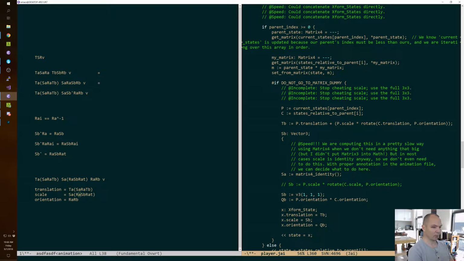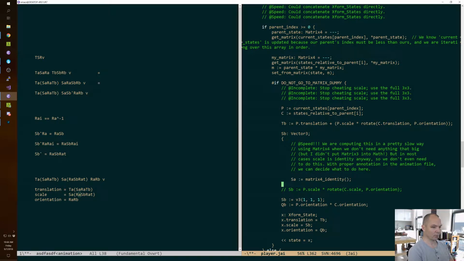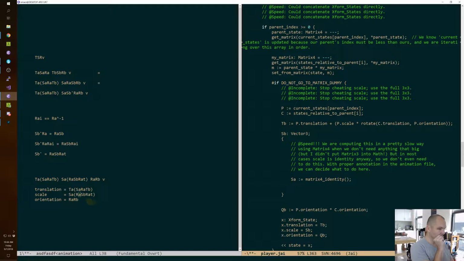Okay, so the goal is going to be to set SB by the end of this code, right? It's a little bit confusing. So this SB, these subscripts are not the same as these subscripts.